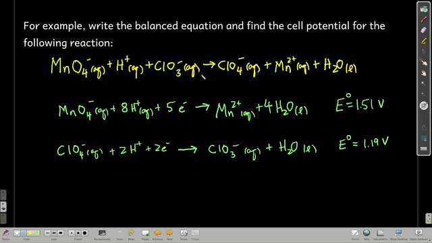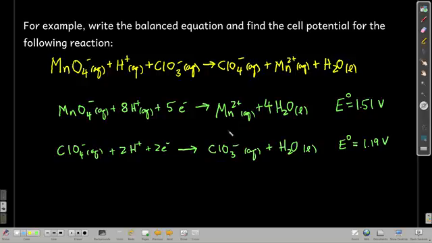You could do like we did with balancing redox reactions. You can find the oxidation states, find what's being oxidized. For instance, manganese here is +7, over here it's +2, so manganese is being reduced. And chlorine in chlorate is +5, and in perchlorate it's +7, so it's being oxidized. But that's not really what we're doing here. We already have these because we looked them up.